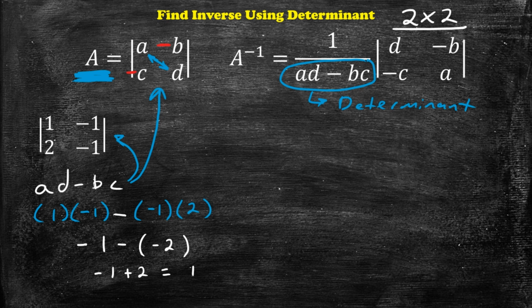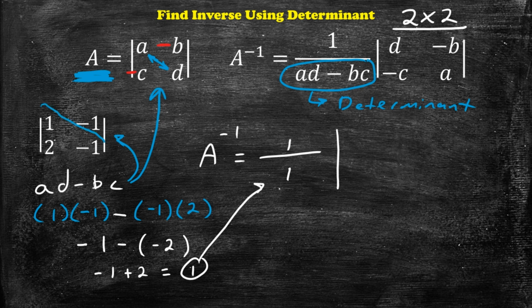All right, so now let's go ahead and write our problem. So the inverse is equal to 1 over the determinant, which we found was 1, this number here, times our matrix, which now what we do is we swap the spots of A and D, which is these two right here that are circled.